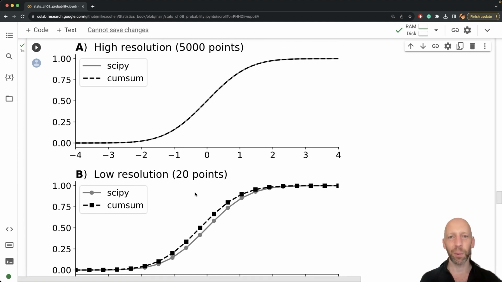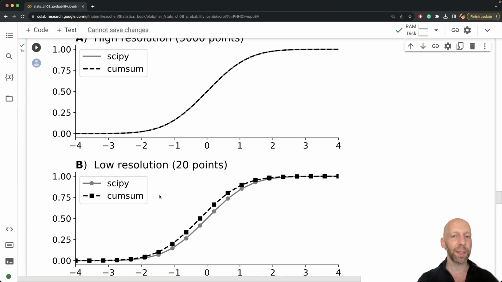So what is the deal? What's going on here? The deal is that the SciPy function, the gray line, is more accurate. This is the one you should use whenever possible, because SciPy is actually evaluating the true CDF function as opposed to our empirical estimate, which depends on the grid spacing.